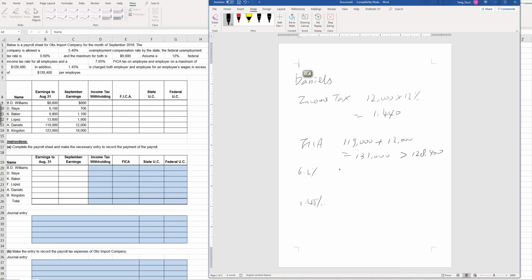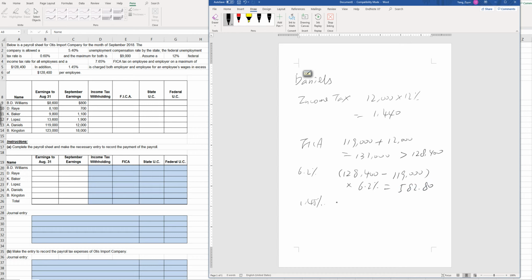So for the 6.2%, because it's going to reach the cap in September, we're going to apply the 6.2% partially to Daniels' September compensation. That's the cap minus the August compensation, and we're going to apply the 6.2%. This is going to give us $582.80.